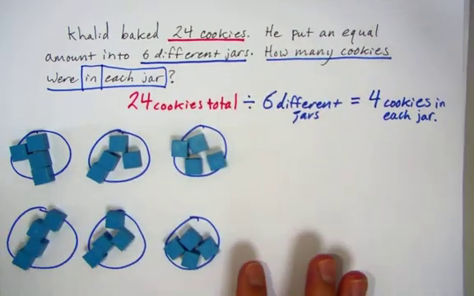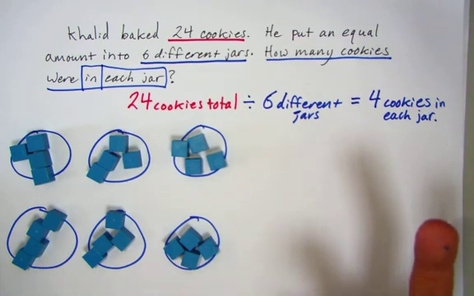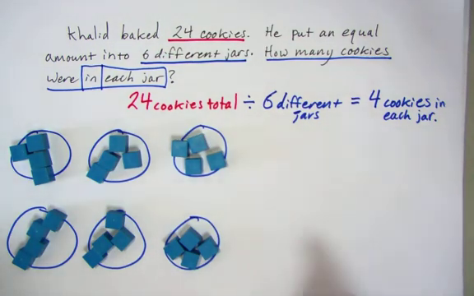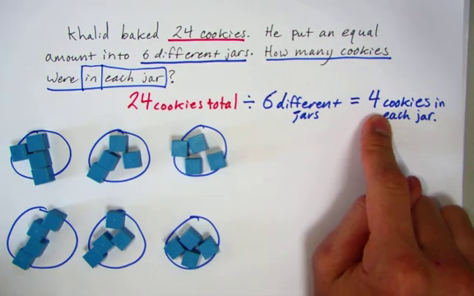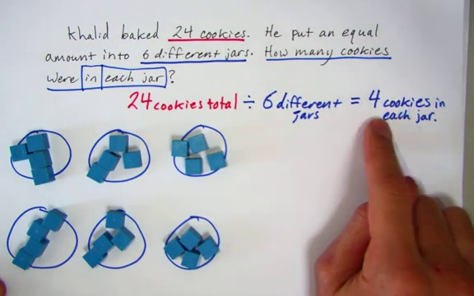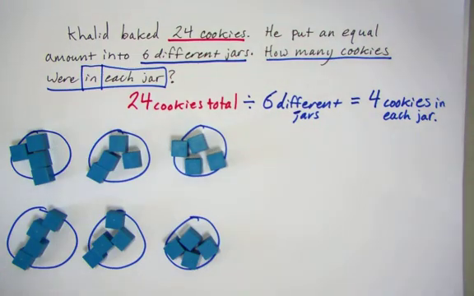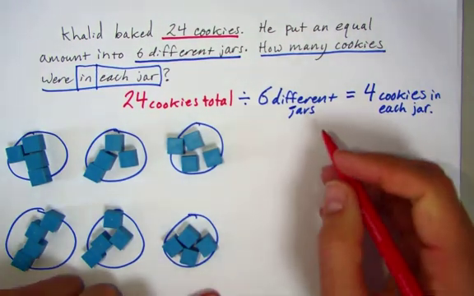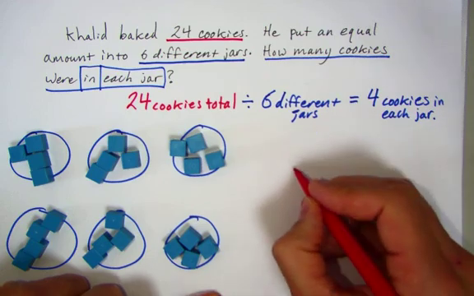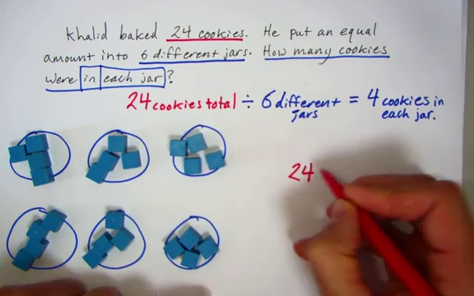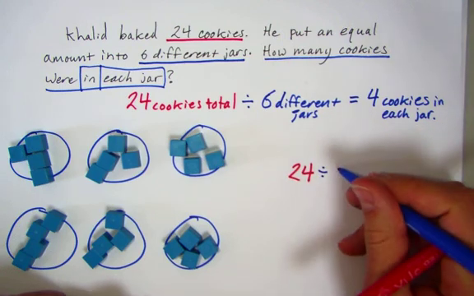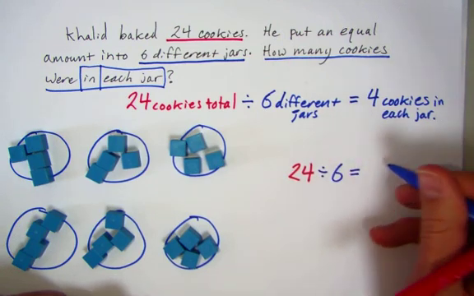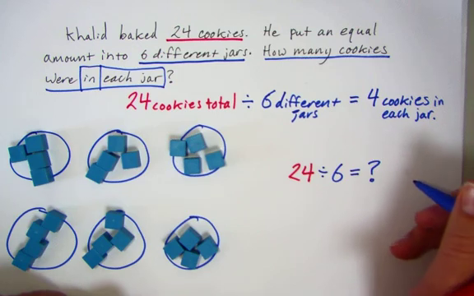Now, let's say I wanted to do it quicker. I wanted to use some kind of strategy that would allow me to find this quotient in a quicker way. So what I could do is rewrite the number sentence: 24 divided by 6 gives me some number.